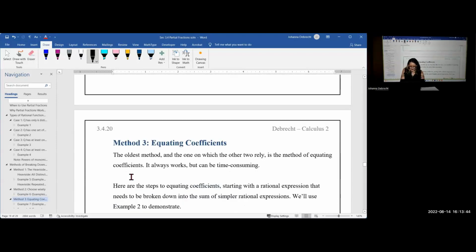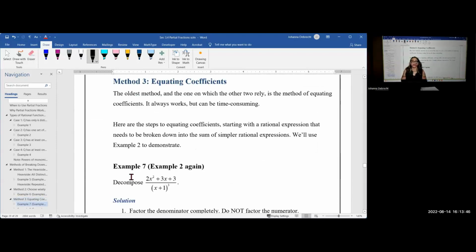Let's talk about equating coefficients. This is the third method, and actually the one from which the other two originally came. So it is the one that works in all cases, no exceptions, but it can be a lot of work. It is the one that produces the most stuff, but again, it never fails as long as you're careful.